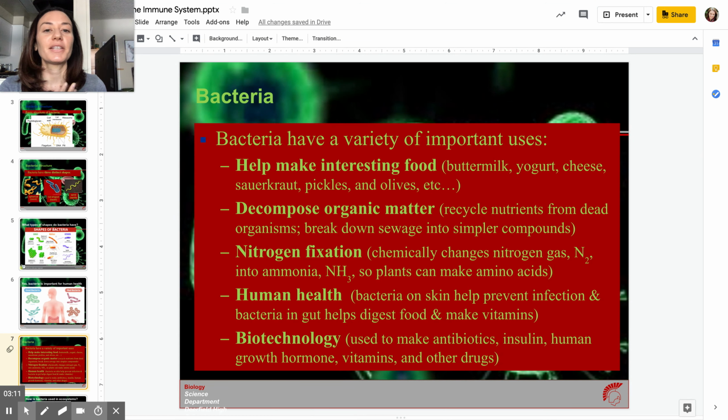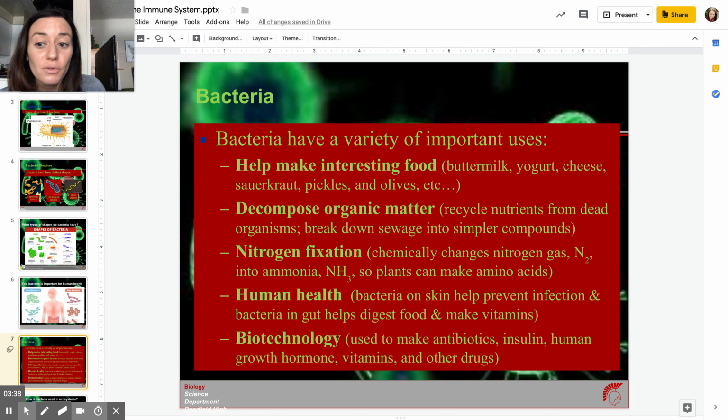Now, bacteria is actually very useful. What does bacteria do? Well, bacteria decomposes organic material, which means living material. So when you think about things like yogurt and cheese and pickles, these types of foods, well, they actually have good bacteria in them.